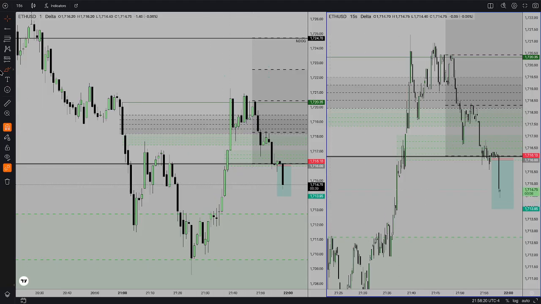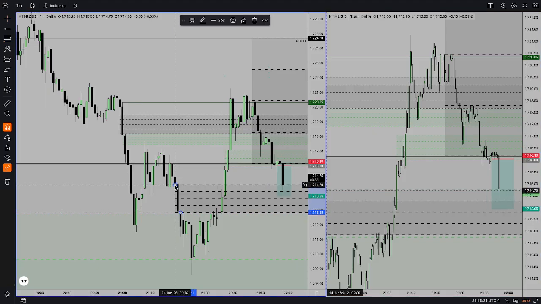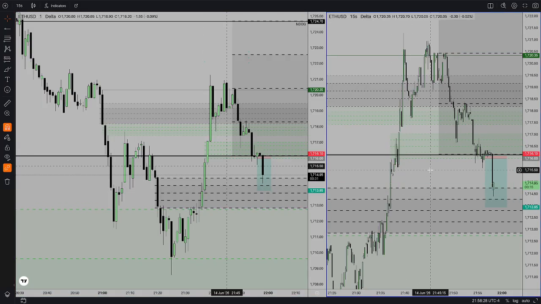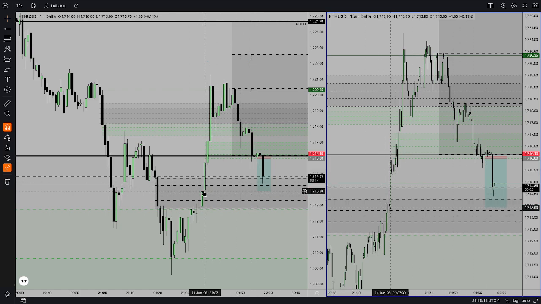I see the reaction from this CB area. It's actually bearish, trying to move down towards this volume imbalance.